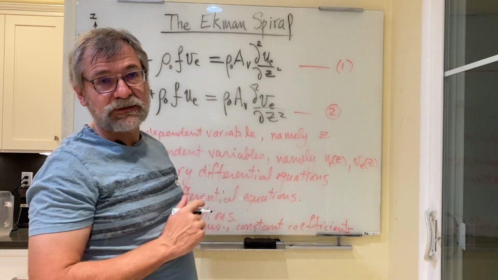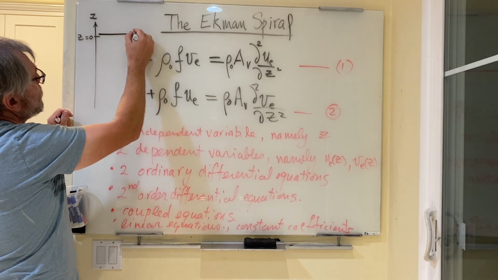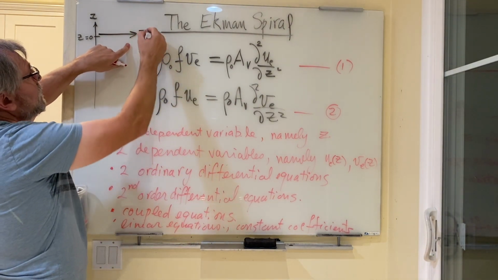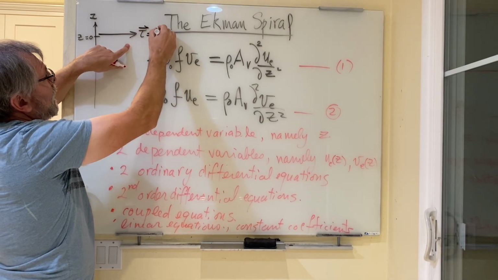So those are going to have to match at the surface, and that will be our boundary condition. So at the top, we're going to impose the wind stress, tau, and to make things simple, we're going to assume that the wind stress vector is only tau x.